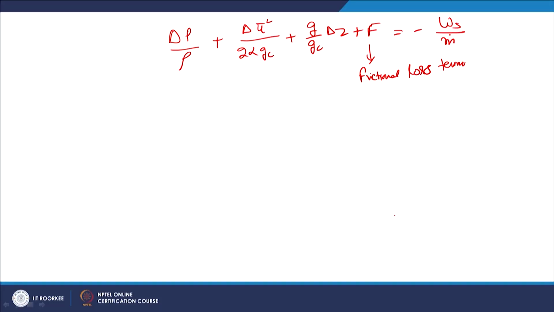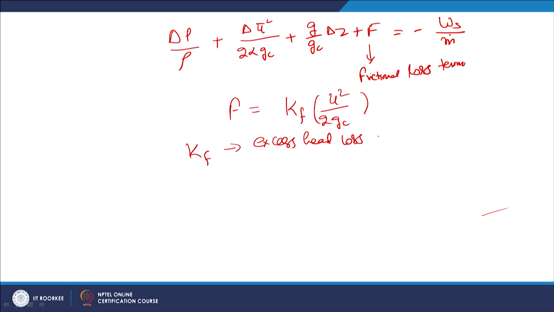Pipe entrances and exits. There may be sudden expansion and contraction across the pipe. So, there are so many things related to this one. We may calculate the friction loss F, like F is equal to Kf U square upon 2 Gc, where Kf is the excess head loss due to pipe or pipe fittings.